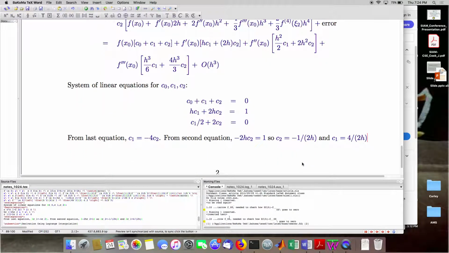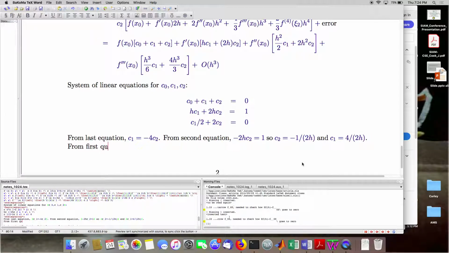And then from the first equation, all coefficients must sum to 0. So if I add these together, I get 3 over 2h. So I get c0 is equal to minus 3 over 2h.